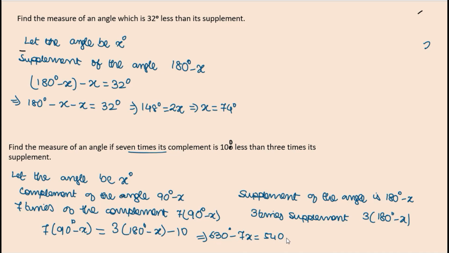Bring 10 here so that 3x we can put it here. So 630 minus 7x equals 530 minus 3x. So 630 minus 530 is 100 degree and this is 4x. So x becomes 25 degree.